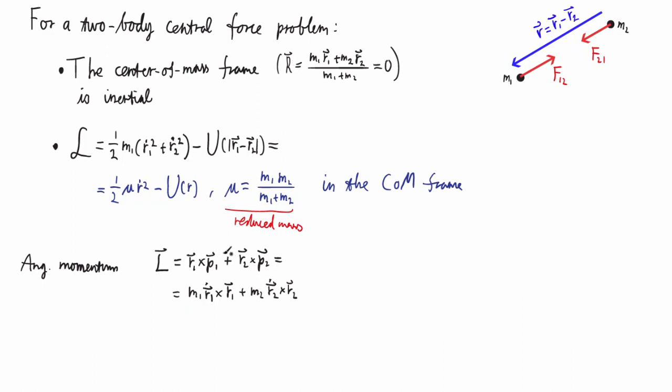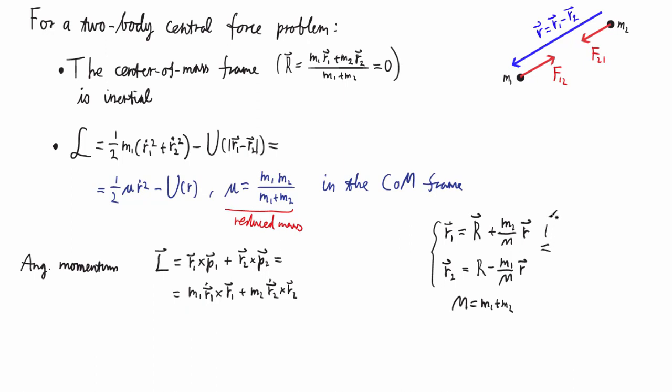We're going to change from r1 and r2 to little r. We saw in the last video that r1 and r2 are given by the following formulas, where capital M is just the sum of the two masses.